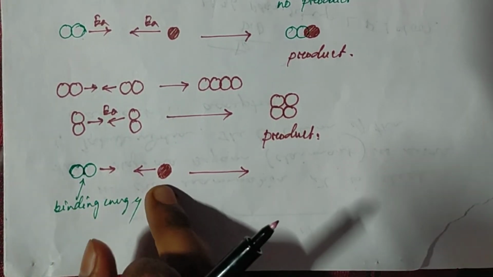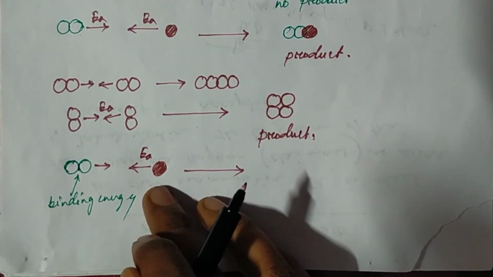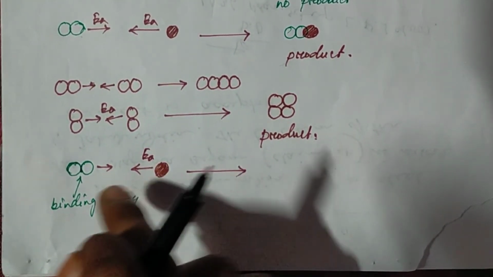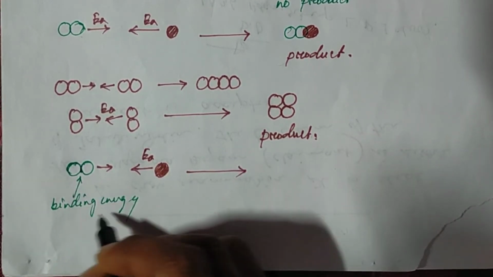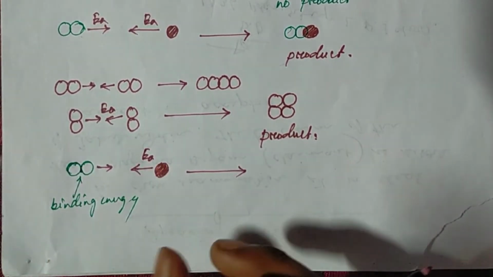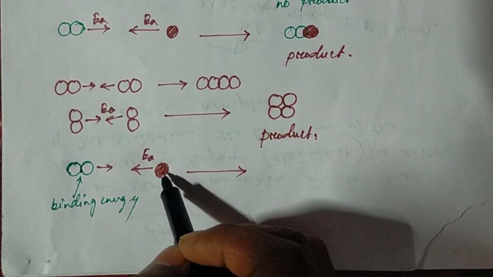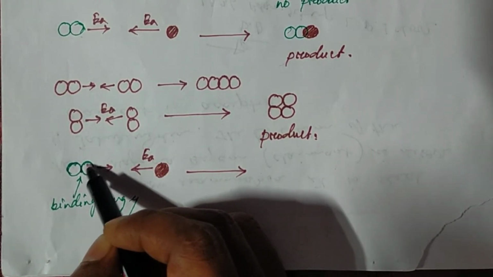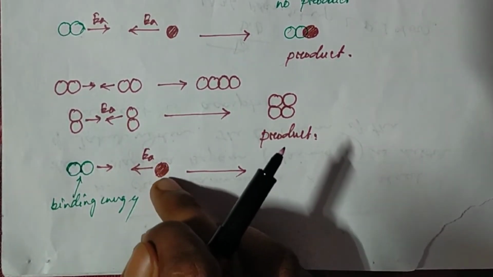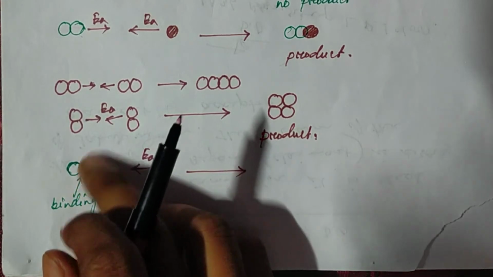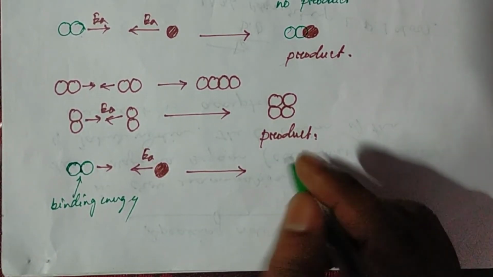If the energy with which this molecule will collide to this molecule is more than the binding energy of this molecule, then only this molecule will remove one of this atom from this molecule, and it will replace this atom and give a product.